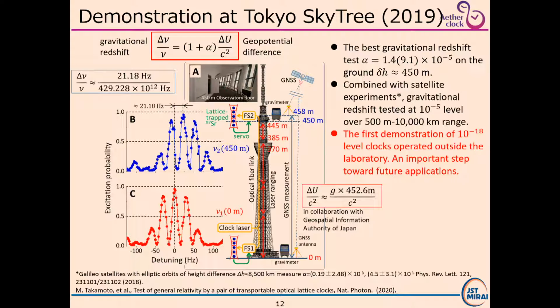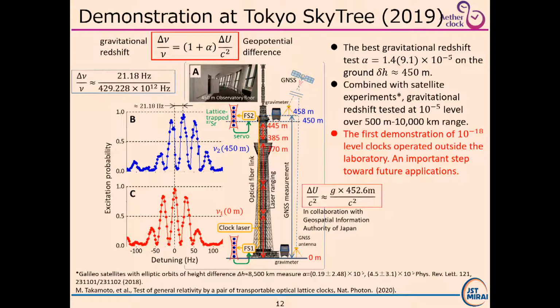To test the formula, we measured the gravitational potential difference in collaboration with the Geospatial Information Authority of Japan. They measure the gravitational acceleration and height difference by conventional leveling technique and get the gravitational potential difference between the two clocks.